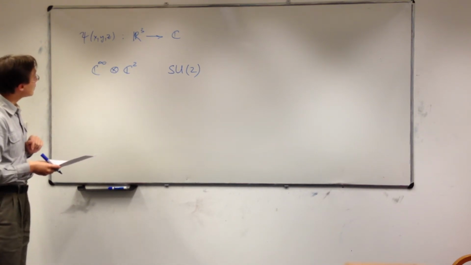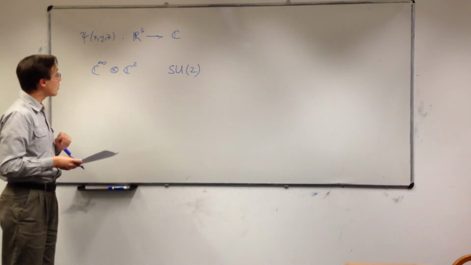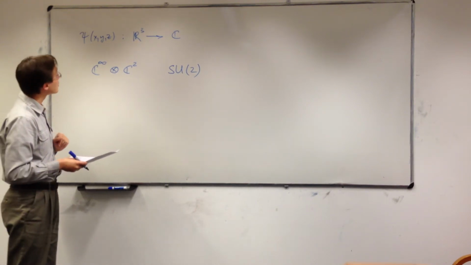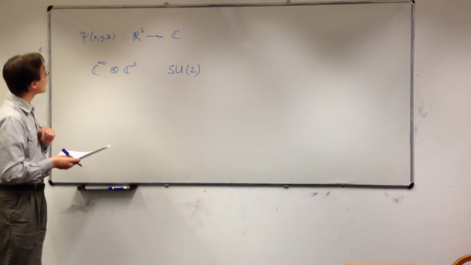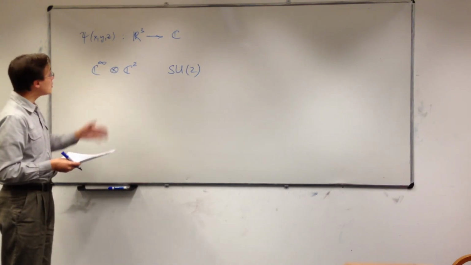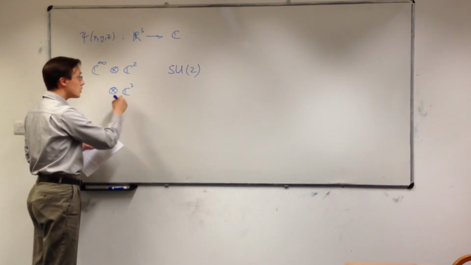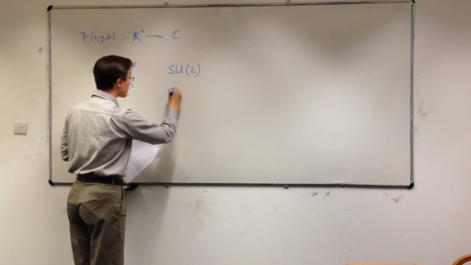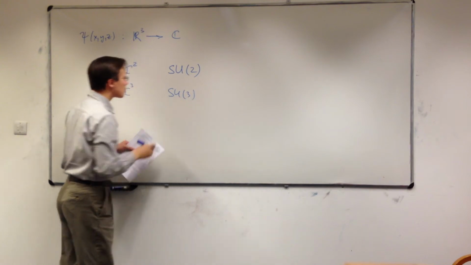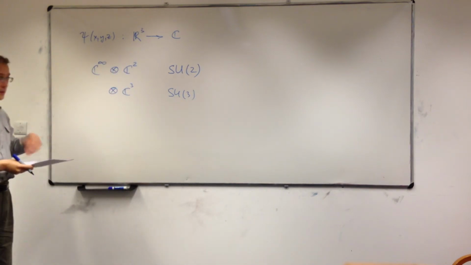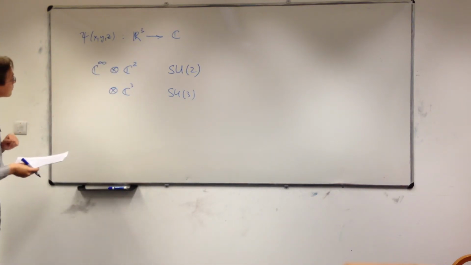If the particle has greater number of internal levels, energy levels, or internal degrees of freedom, or however you put it, then 2, then well, we can cross it with C3, C4, and so on, and the corresponding groups in here would be SU3 and SU4, and so on. These are the most general possible cases.